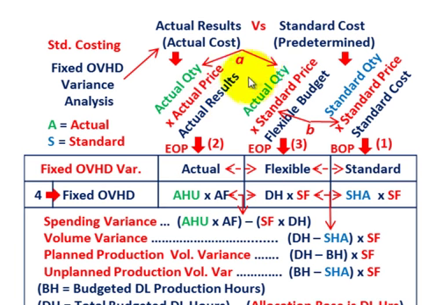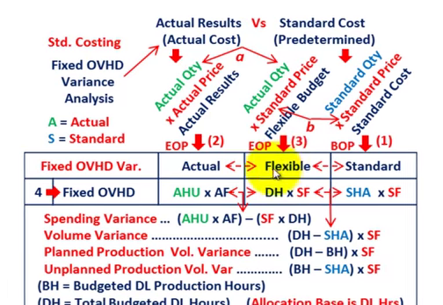Knowing our actual results and our standard costs, we can set up our flexible budgeted amount. That's taking our actual quantity from our actual results times the standard price from our standard cost for that fixed overhead, which equals our flexible budgeted amount.